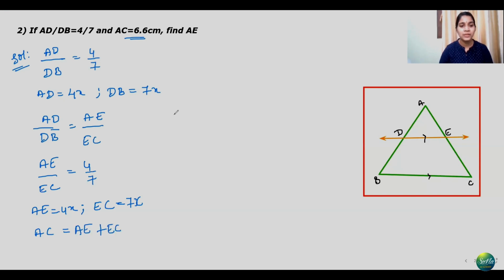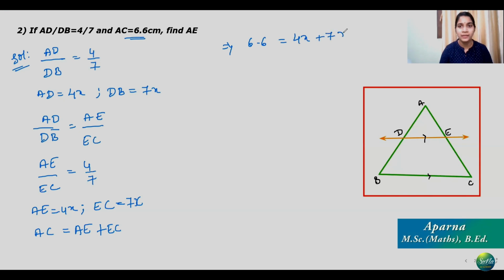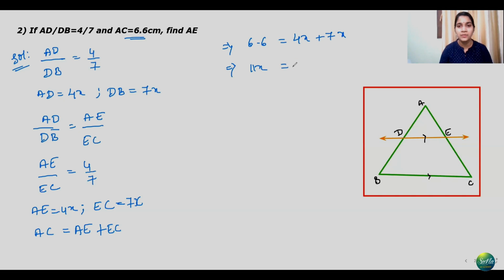So this implies AC is given as 6.6 and AE is 4x, EC is 7x. So from here we get 11x is equal to 6.6. So from here we can find out the x value. x is equal to 6.6 by 11. So therefore finally the x value is equal to 0.6. We have x value as 0.6.